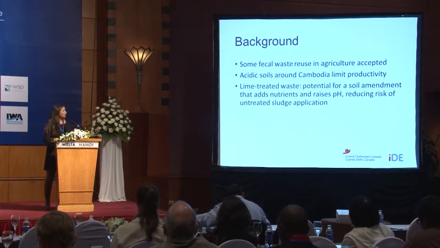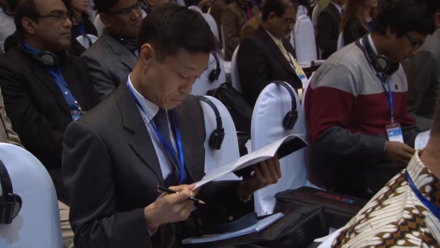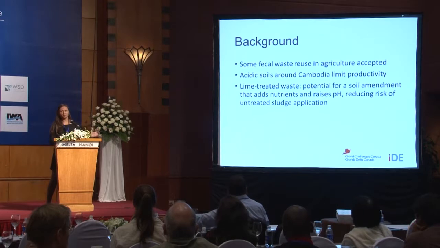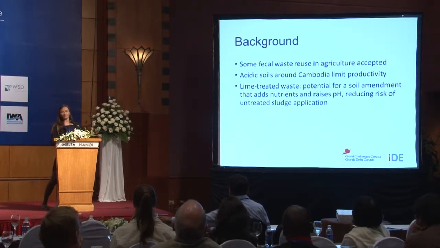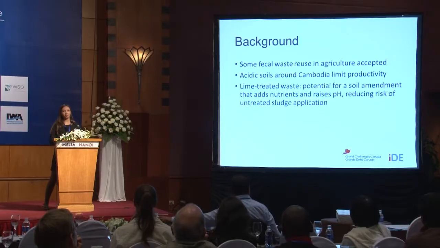There's also some reuse of fecal waste in agriculture that is accepted. It's very geographically varied. In some areas it's quite widely accepted. In other areas people are very reluctant to reuse waste. Another reason why lime-treated waste is appealing is because a lot of the agricultural soils are acidic and limit crop yields around Cambodia.